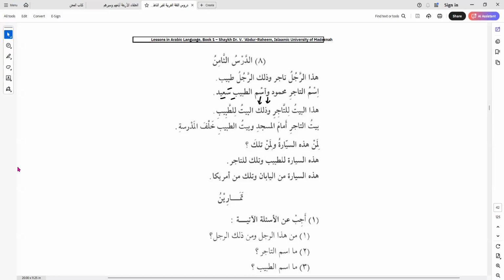هذا البيت للتاجر. This is very, very important. Li, for. Now, there's something very important with the use of li.